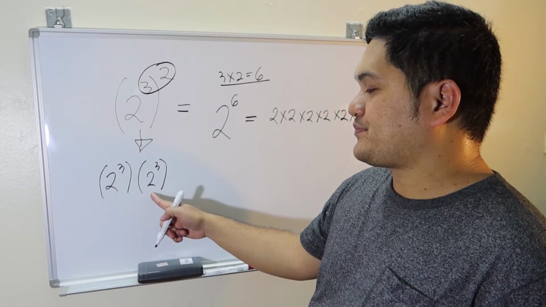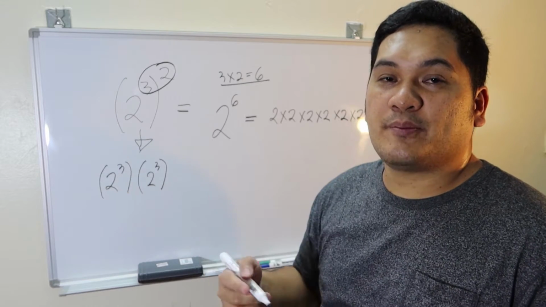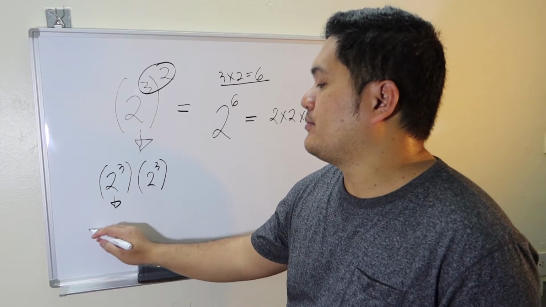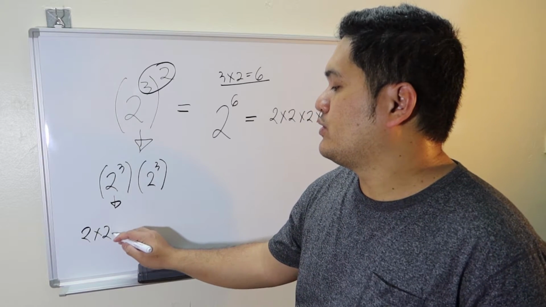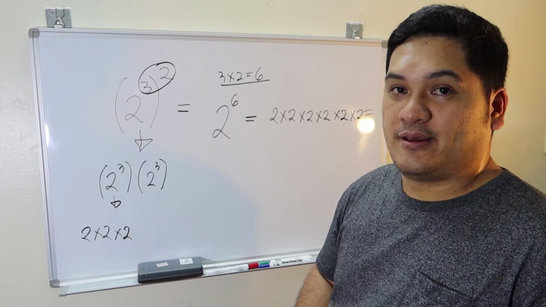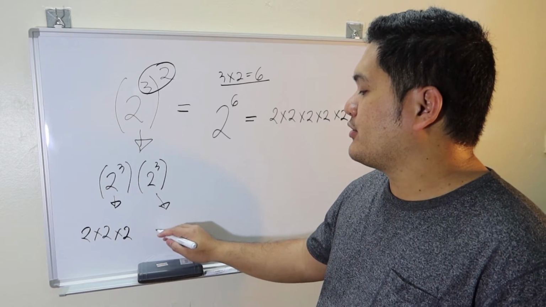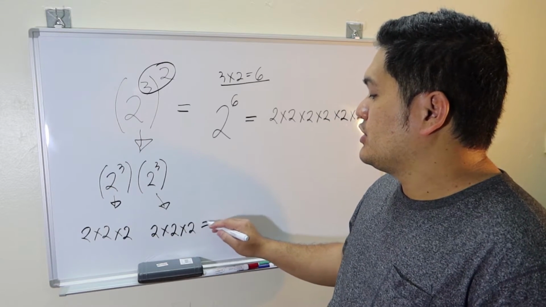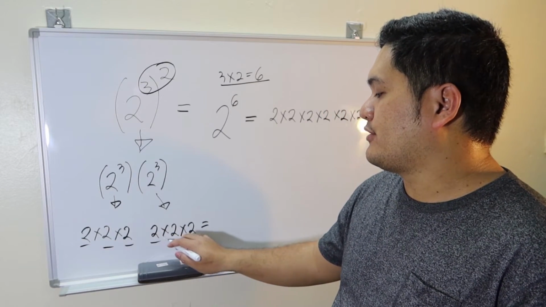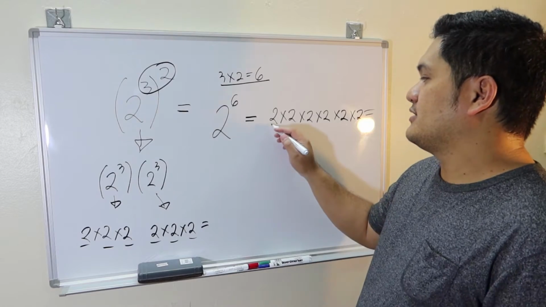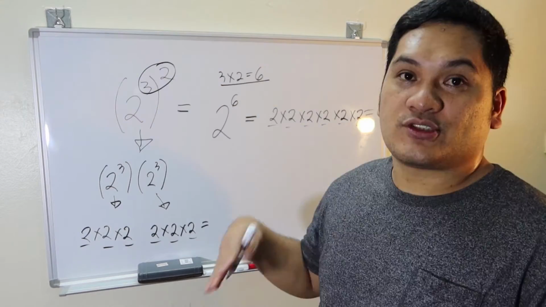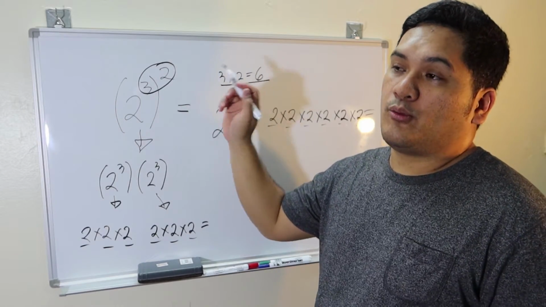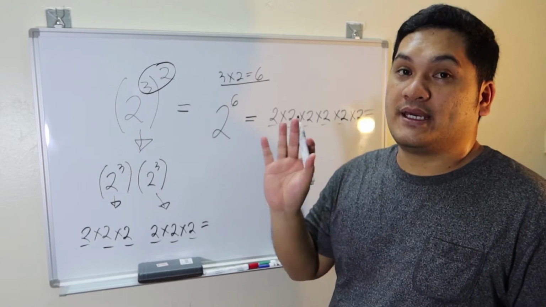Tapos, itong 2, i-multiply mo raw siya ng 3 beses. So, meron kang 2 times 2 times 2. Tapos, dito rin, meron ka raw 2 times 2 times 2. So, diba? 1, 2, 3, 4, 5, 6. Dito din, 1, 2, 3, 4, 5, 6. So, the same. Ang gagawin mo na lang daw is, yung mga exponent mo o yung mga power mo, i-multiply mo na lang and then, yun ang magiging answer mo.